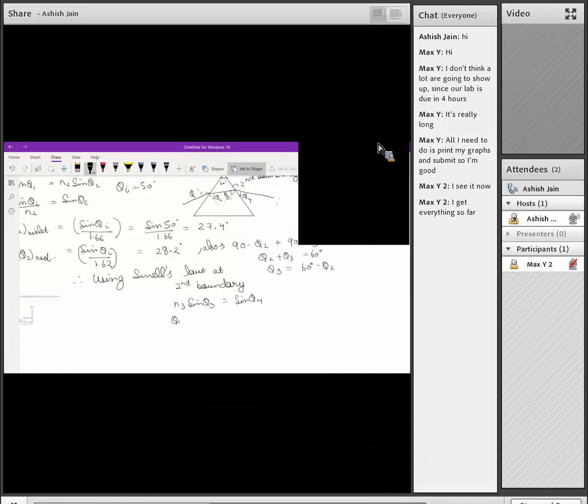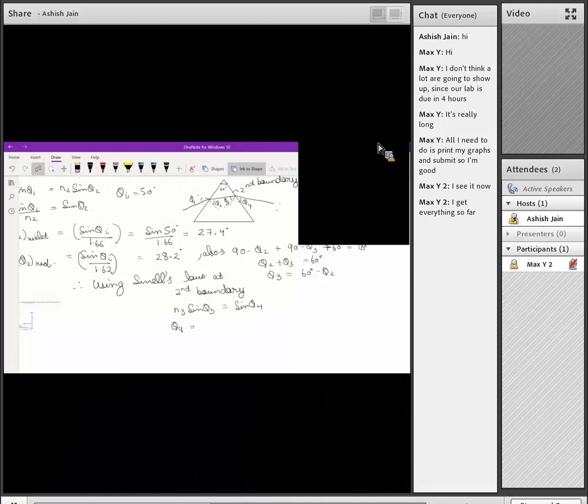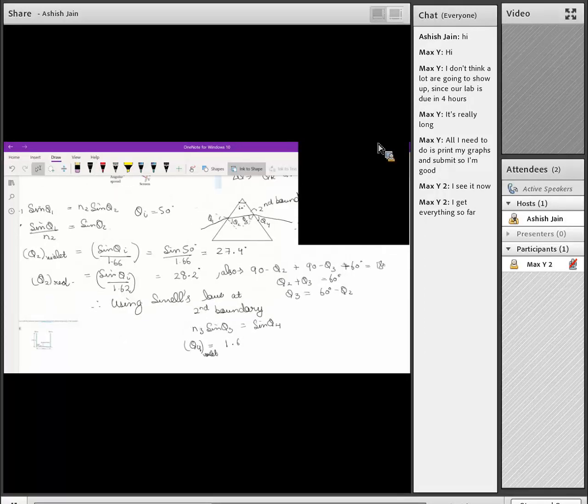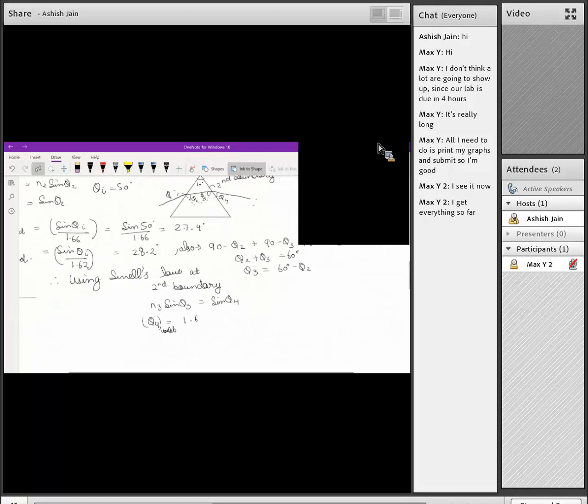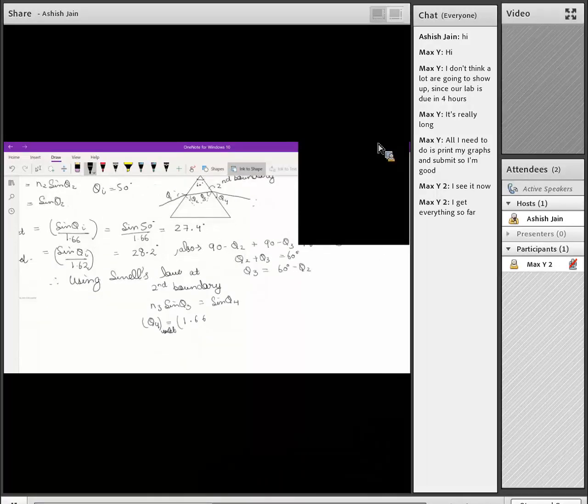And theta 4, for violet, n3 is 1.66 sine of 60 degrees minus 27.4.